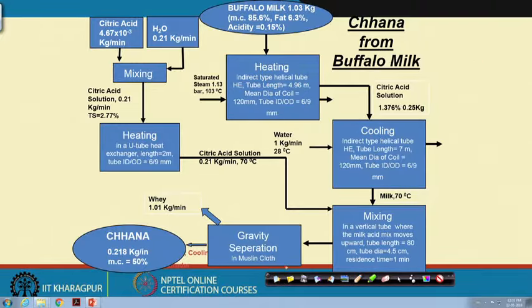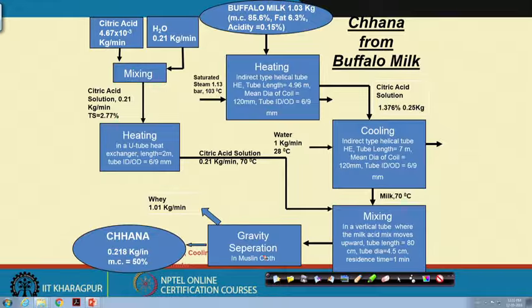In this helical tube heat exchanger, the tube length is 4.96 meter, the mean diameter of the coil is 120 millimeter, tube ID/OD is 6/9, right. Then this is heated by saturated steam at 1.13 bar at 103 degrees centigrade.